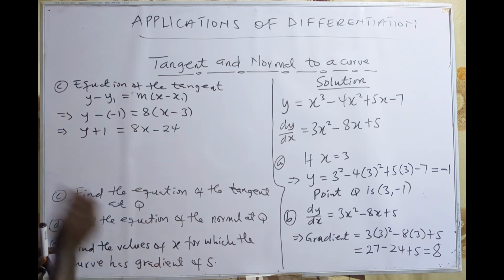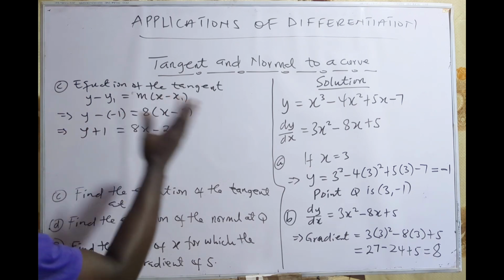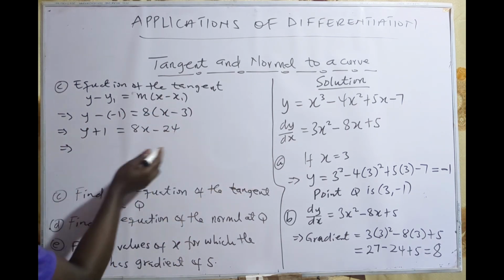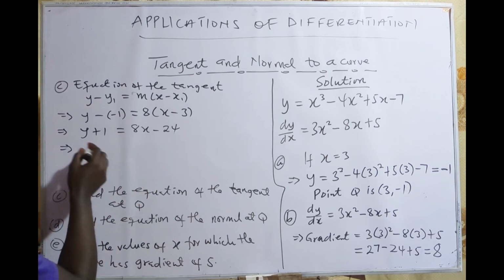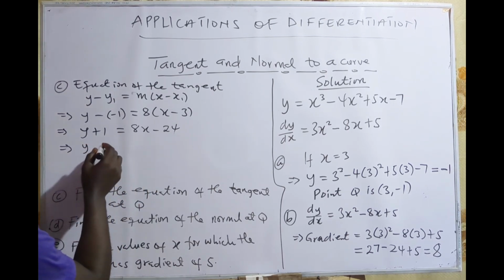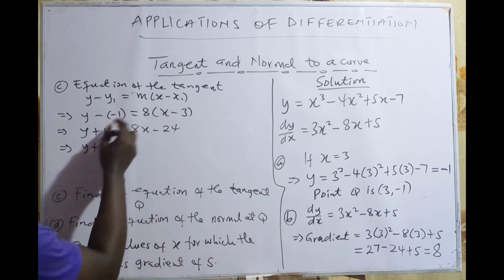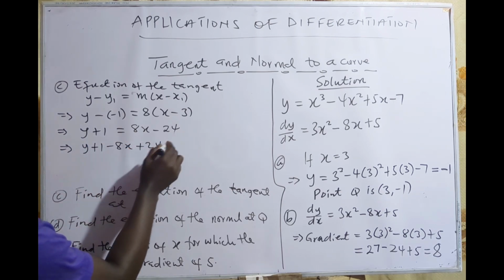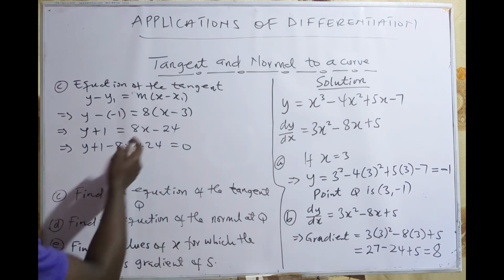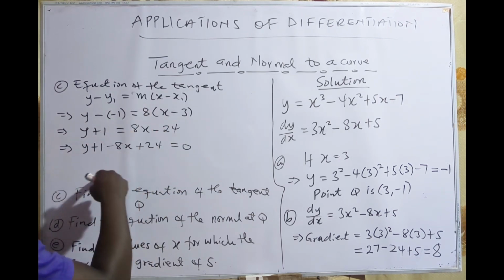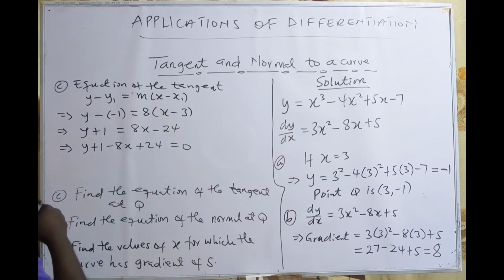Alright. Then our equation, if you like, you can bring all at one side and equate it to 0. Or you can say y is equal to, any way you like to write the equation. So let's bring all at one side and equate it to 0. So we have y plus 1 minus 8x plus 24 equal to 0. So we bring 8x here, it becomes minus 8x, and then plus 24 here, it becomes minus 24 here, it becomes plus 24.